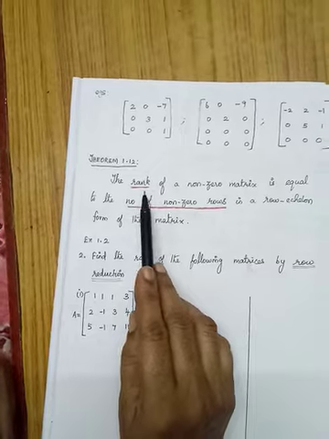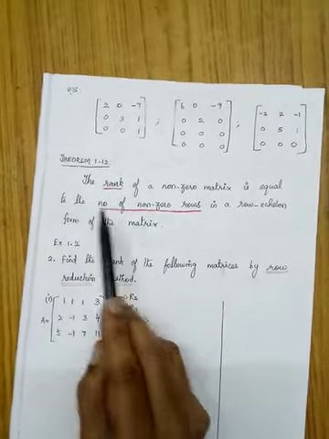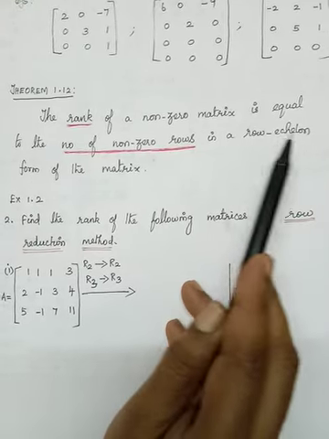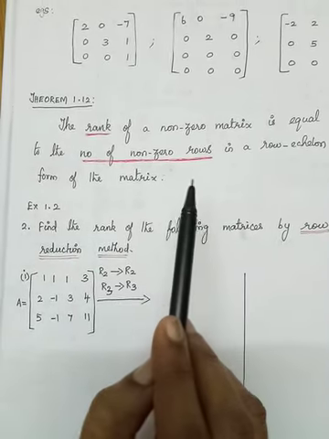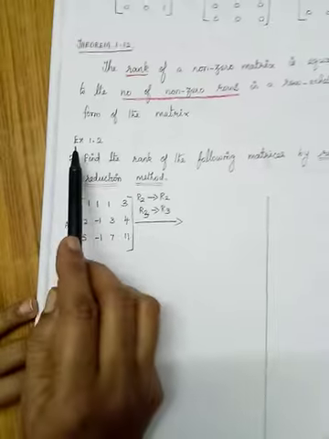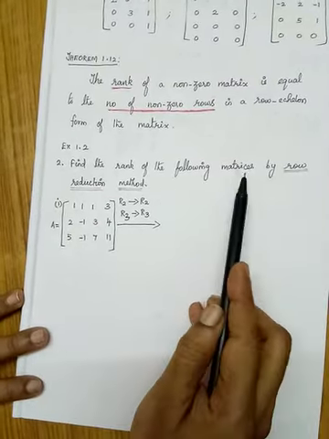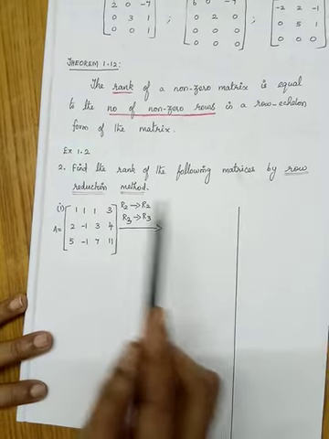This is the theorem: the rank of a non-zero matrix is equal to the number of non-zero rows in a row echelon form of the matrix. Now we are going to see Exercise 1.2, the second problem. Find the rank of the following matrices by the row reduction method.